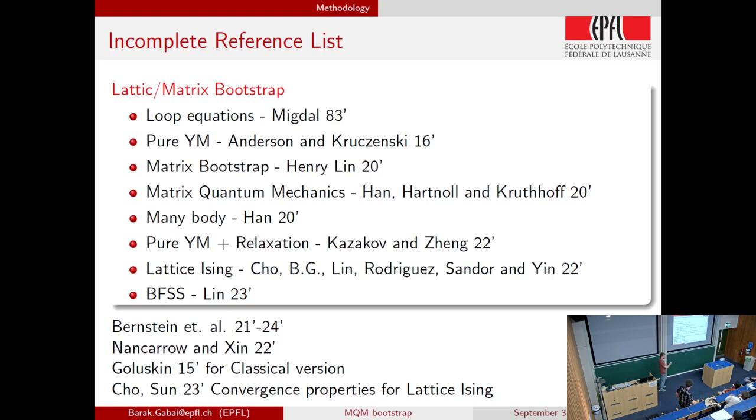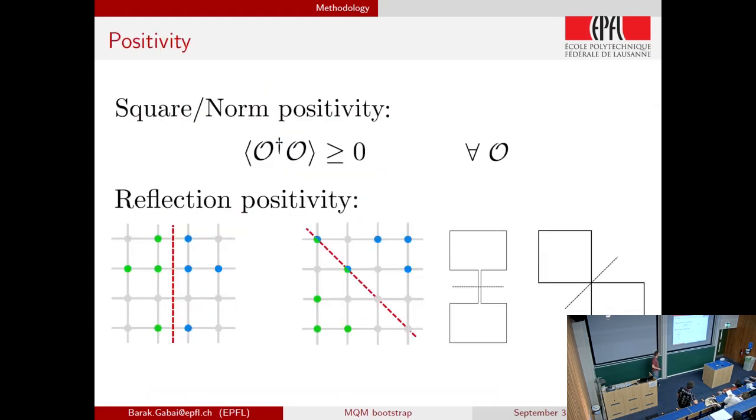This is for the lattice Ising bootstrap, which was in this paper. So it seems like it's possible. We might need to do it on a case by case basis. For matrix quantum mechanics, I don't know that anyone did it, but I think for spin chains there are some results. But the intuitive expectation that we have is that it always converges, so far, in all of the examples we studied.